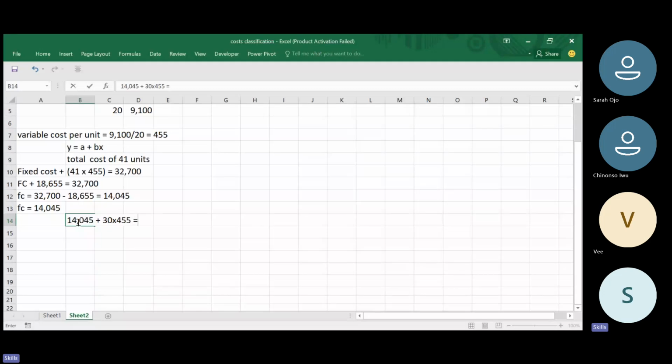So now we have 14,045 plus 30 times 455.